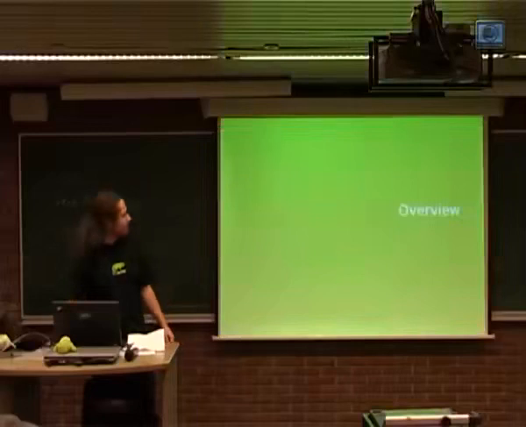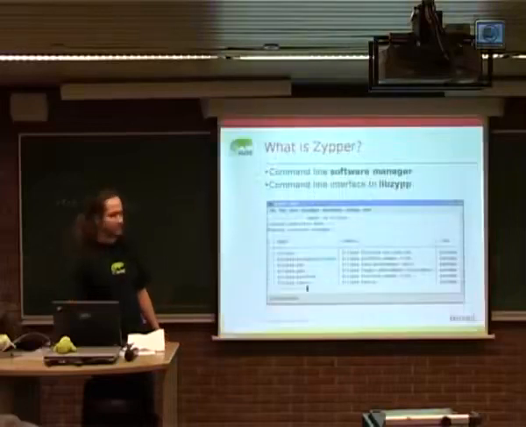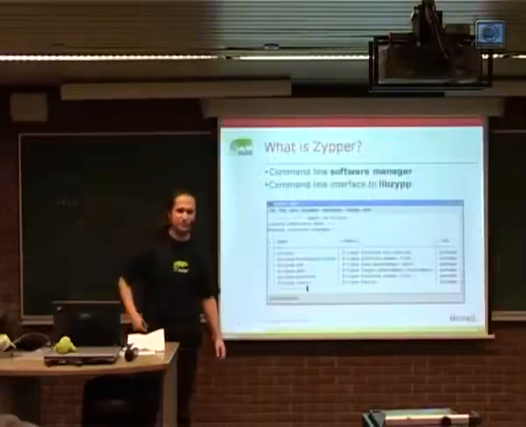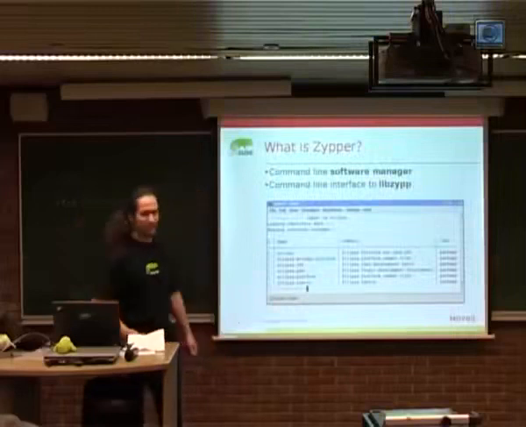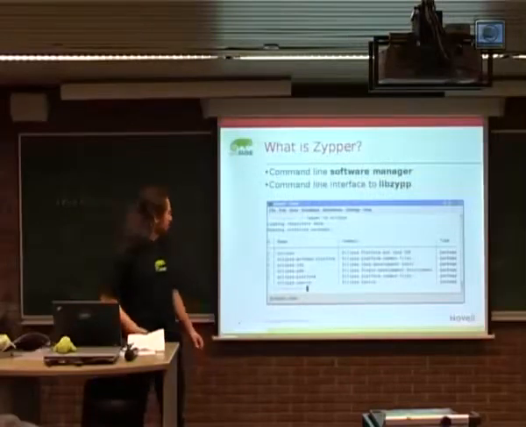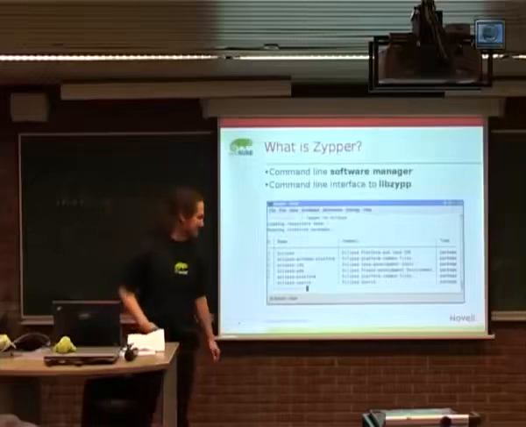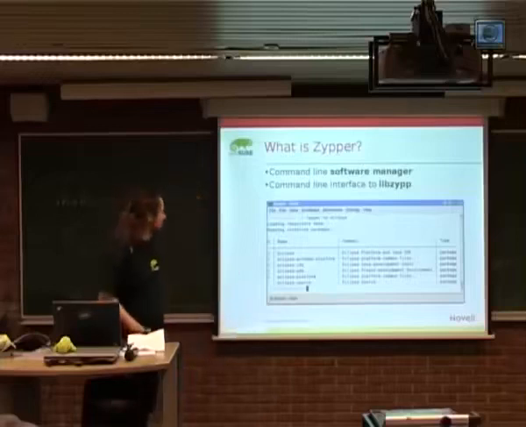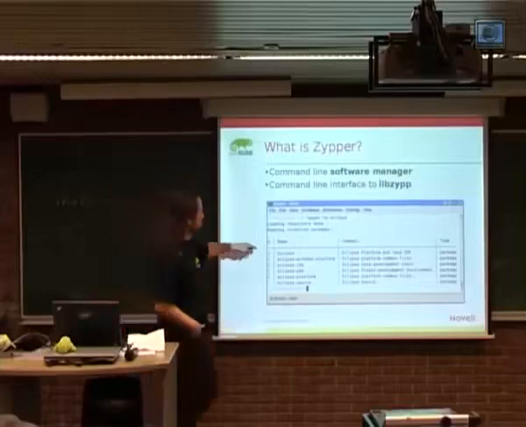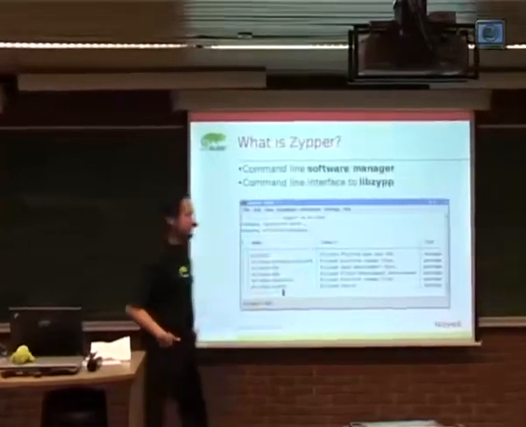So let's start with the features. First, what is Zypper? For those who don't know it, it's a command line software manager. I like taking screenshots of command line software, so I've made this beautiful one for you. It's showing Zypper searching for keyword Eclipse.